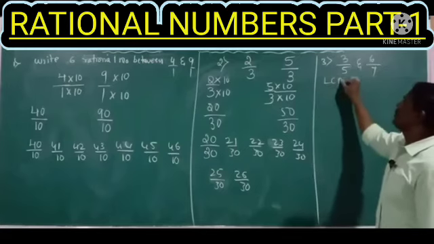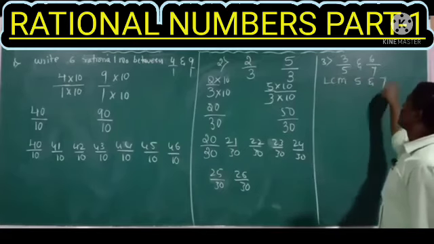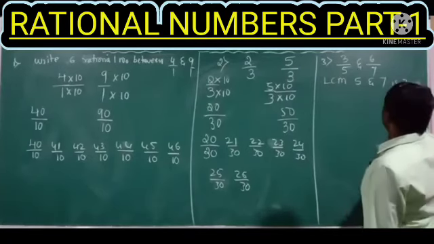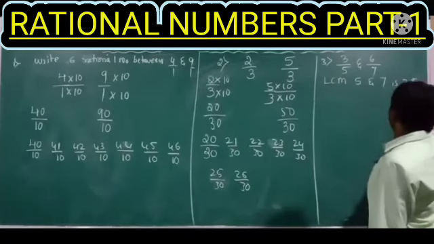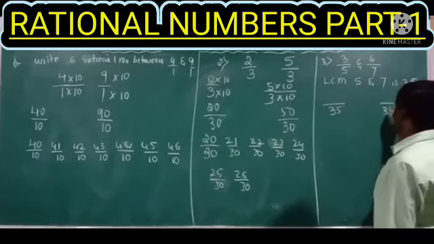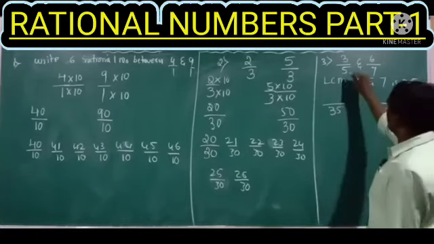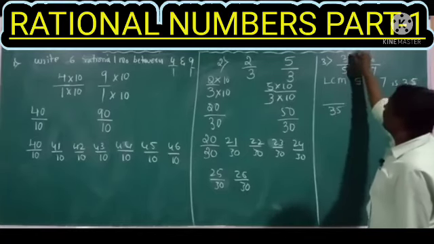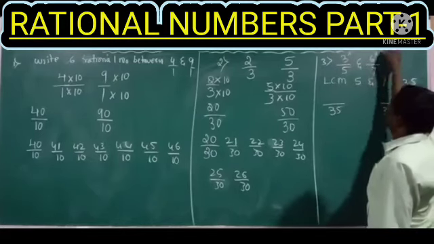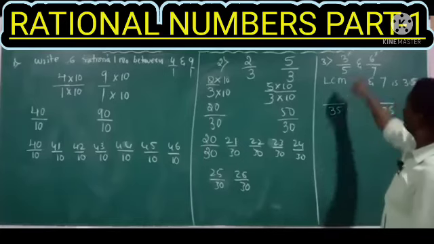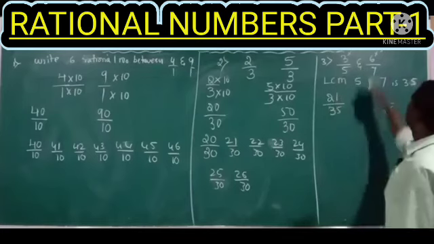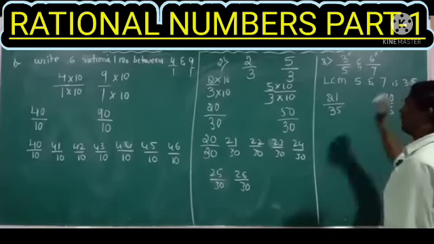So what is the LCM of 5 and 7? LCM of 5 and 7 is 35. So write 35 in the place of denominator. 35 is the LCM, so what do I have to multiply here? 5 sevens are 35. Here 7 5s are 35. Now multiply the numerator. 7 3s are 21. 6 5s are 30.